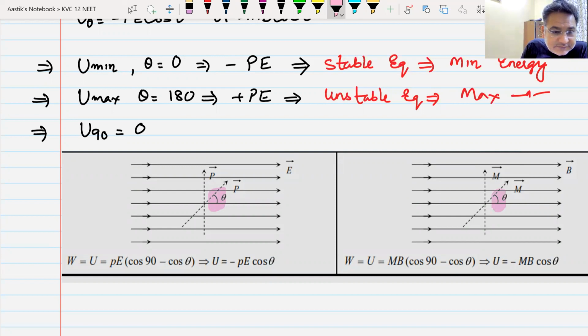I'll give you 2 minutes to draw this diagram. We are dealing with electric dipoles and magnetic dipoles together.